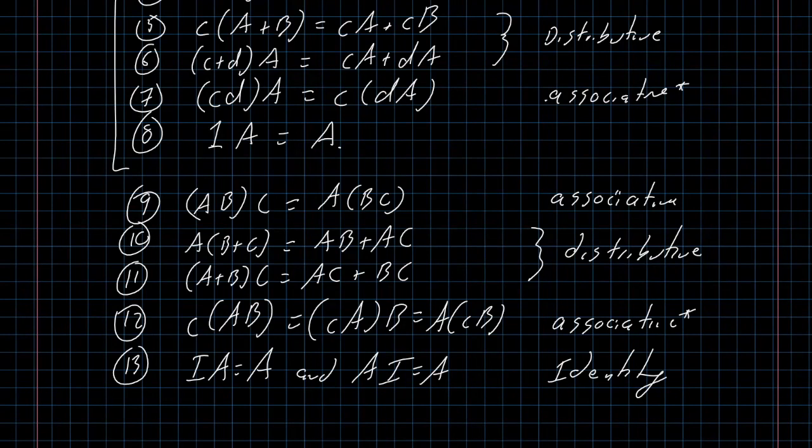And then finally, the reason that the identity matrix is so interesting is that multiplying the identity matrix times A in either direction gives you matrix A. I am definitely going to come back and look at this property because it's a little bit weird.